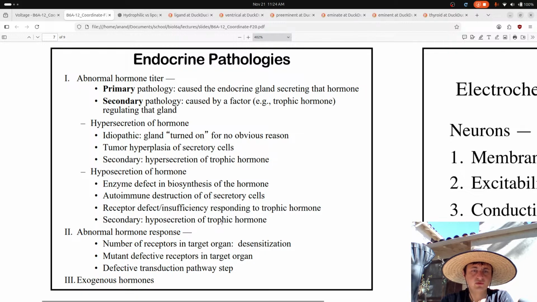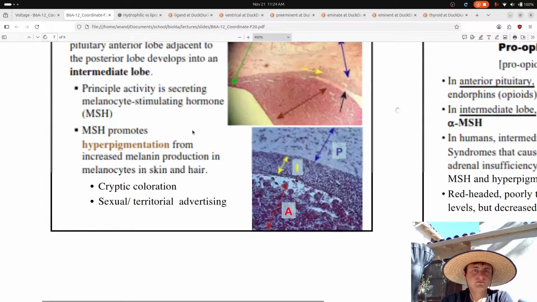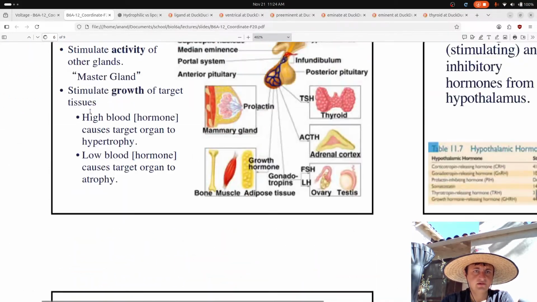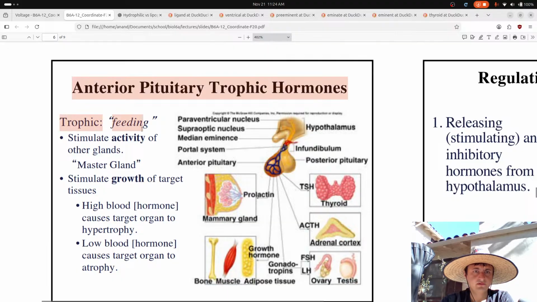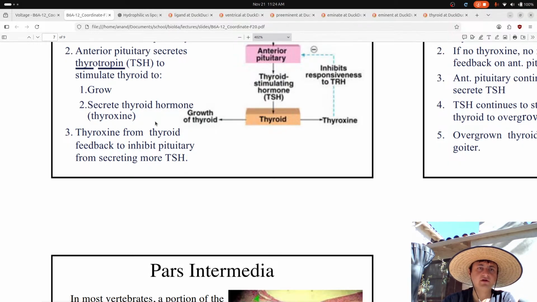What is trophic hormone? He probably said it when he gave this... I guess when they say trophic, they mean like it's feeding another gland.